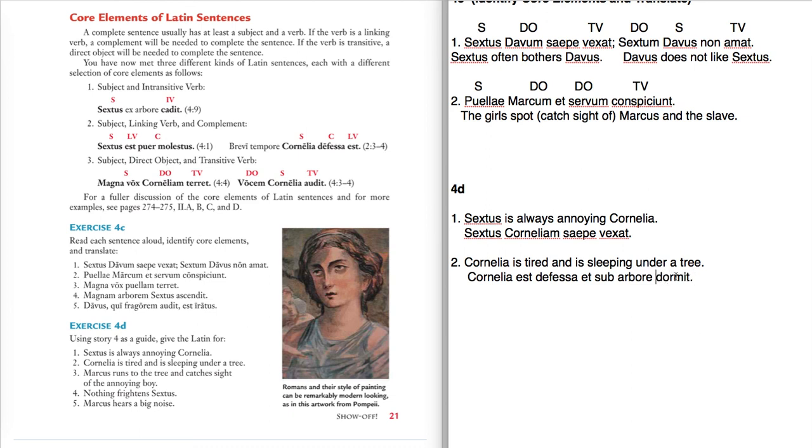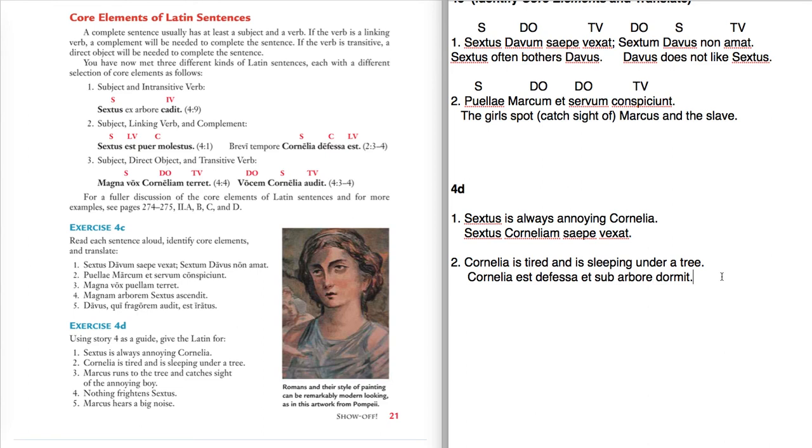So again, we don't need est dormit. We don't need is sleep. Well, we do need is sleeping, but we say that just with the dormit. Est is for linking verbs to a complement, but not like this. That's bad Latin right there.